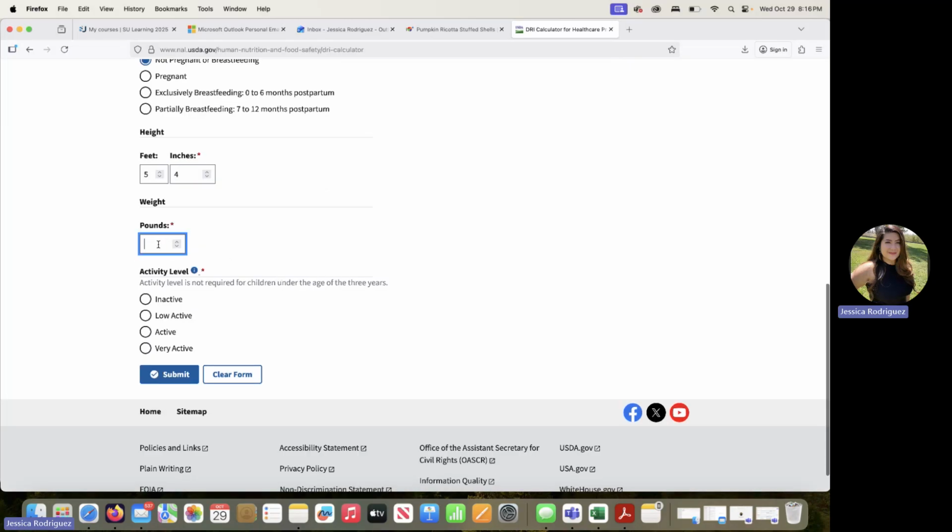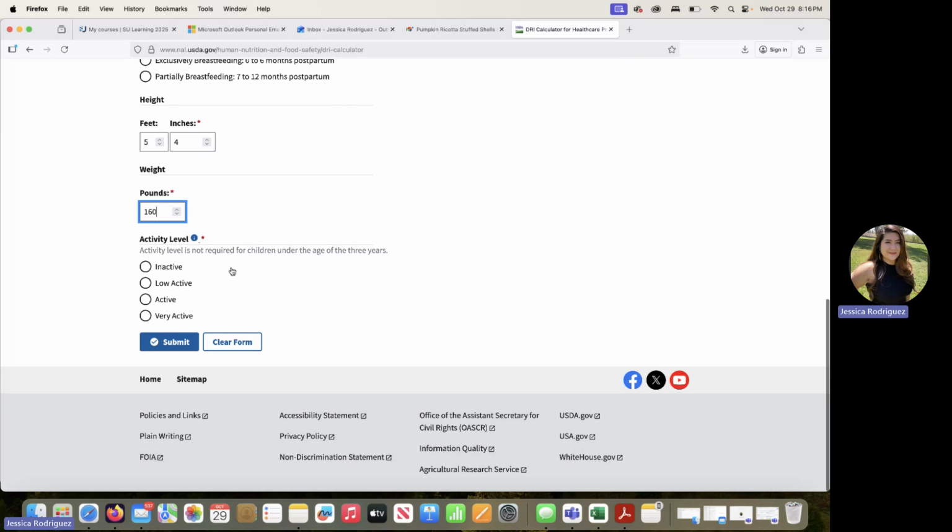And here at the very bottom, you're going to put in the weight of the individual and an activity level. Activity level is very important. If you're a person that's always walking, you're in the kitchen, you're standing around, you're moving a lot. If you have at least 7,000 to 10,000 steps a day, I would say active.